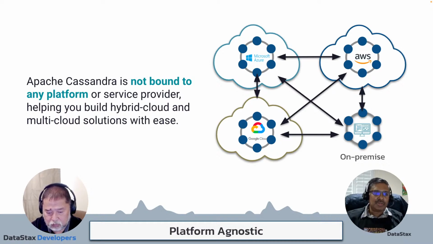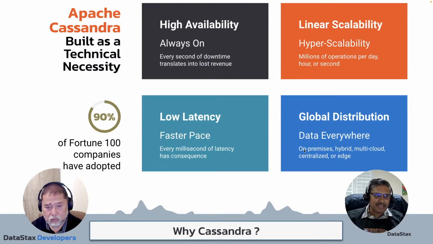So support for multi-cloud is built into the core architecture. It's not a component developed as an afterthought, it was there from the beginning. It supported multi-data center, so multi-cloud was just an easy-to-enable scenario. And when we introduce AstraDB, we'll talk about how we don't even worry about where it is hosted. We don't have servers and all that. So we'll talk about that in a few slides.